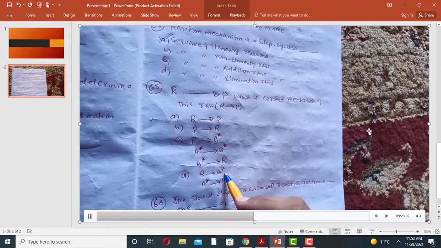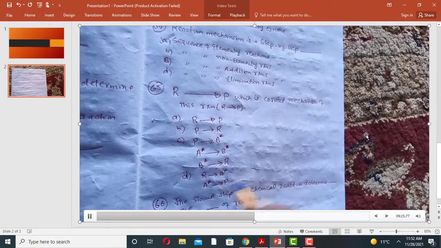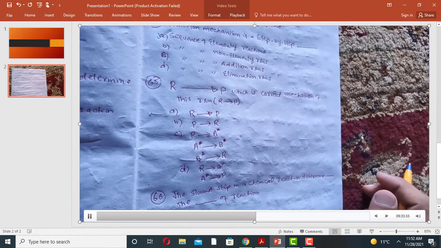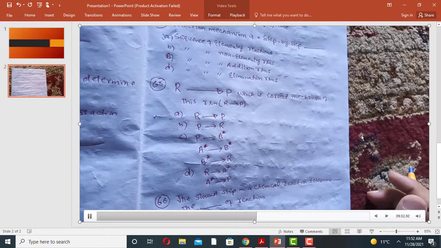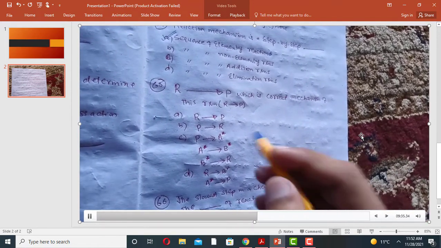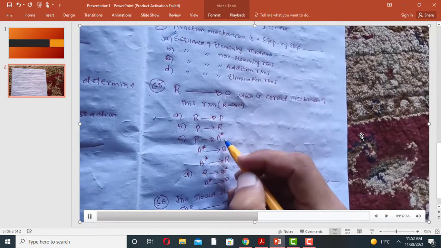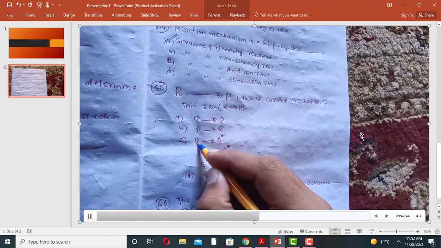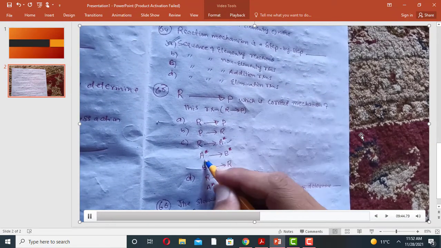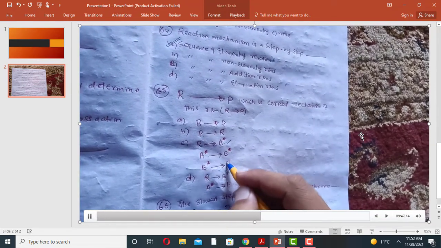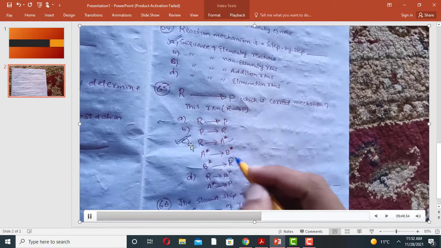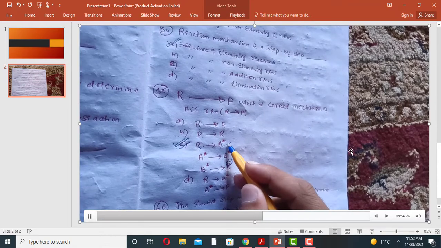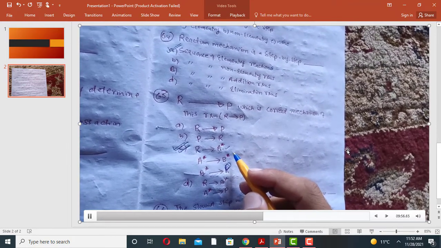The reactant is first converted into the intermediate A, and then the intermediate is converted into B, and then into the product P. So R is converted into intermediate A, converted to B, converted into P. This is the correct mechanism, which consists of a step-by-step sequence of elementary reactions.